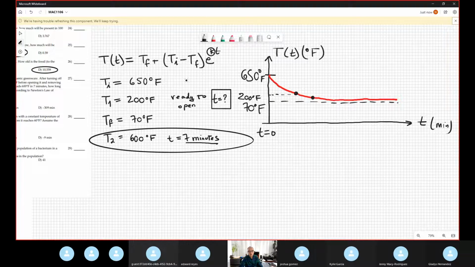Obviously it's in between 70 and 650, no? But I need to find this time. This is my own problem. To find the k of this exponential, another temperature T2 is given, 600 Fahrenheit, and this occurred at the time 7 minutes.